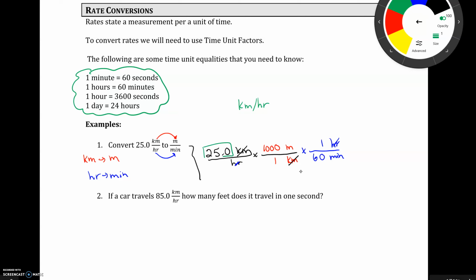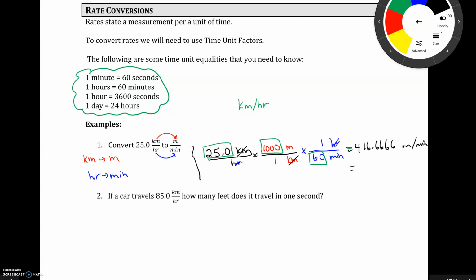I'm going to put 25 times 1,000 divided by 60 into my calculator. Press equals, and I get an answer of 416.6666, and this is going to be meters per minute.